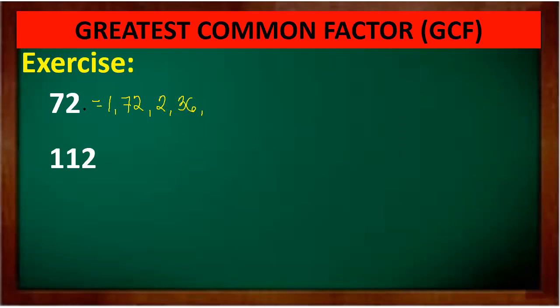No. 4, hindi rin. 5, hindi rin because it ends in 2. 6, yes, it is divisible by 6. When you divide 72 by 6, that will actually give you 12. 7, hindi. 8, yes, okay. When you divide 72 by 8, that will give you 9.